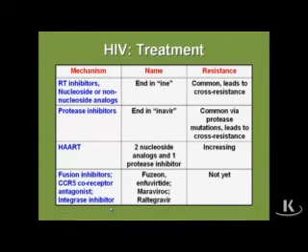Keep in mind that the fusion inhibitors, the CCR5 antagonist, and the integrase inhibitors aren't going to be your first-line drugs of choice for HAART therapy. Okay? In that case, you've got your nucleoside analogs and your 1 protease inhibitor. If you start seeing resistance develop, then you're going to start toying around with some of those newer classes of drugs for the therapy.